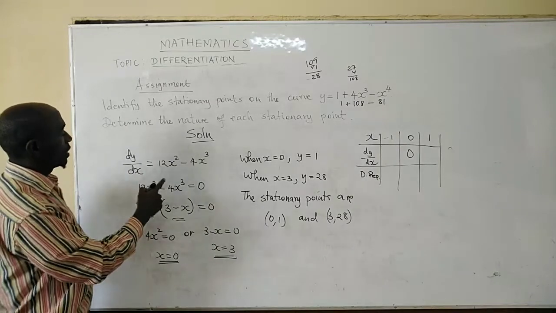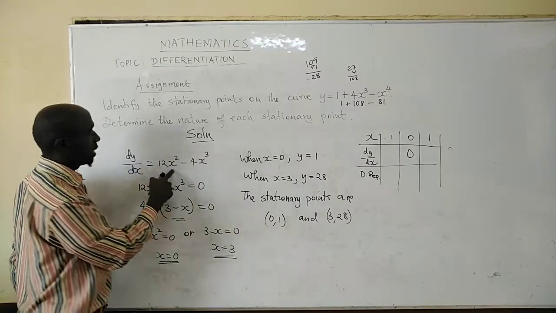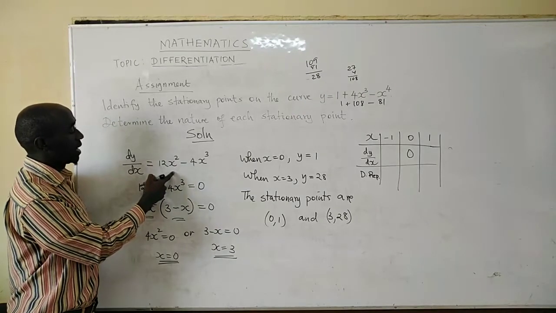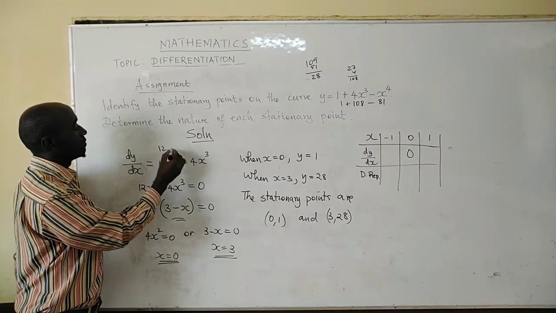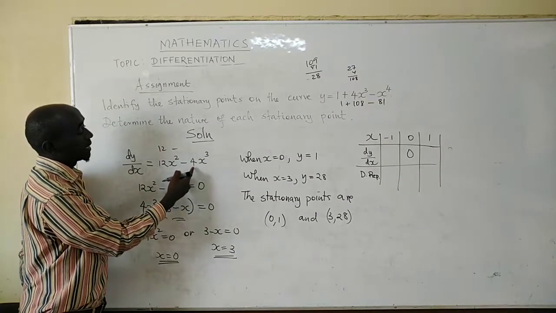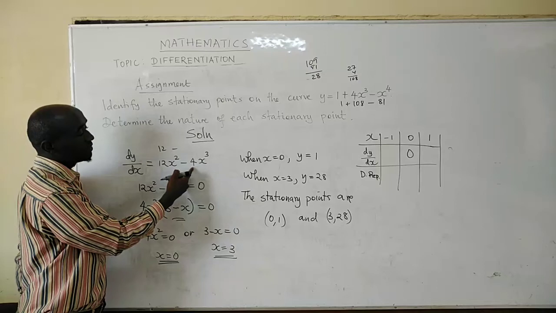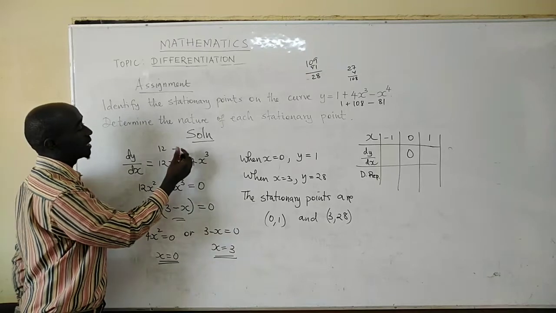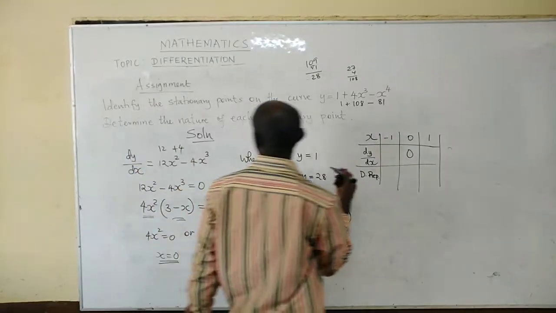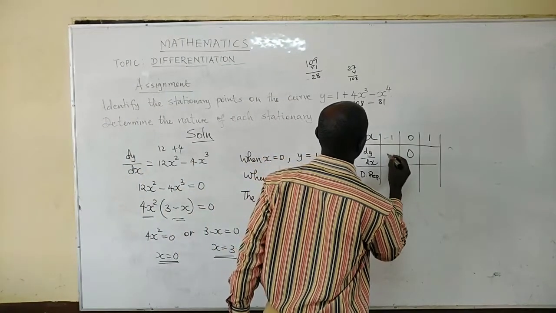So what is the dy dx when x is negative 1? Put negative 1 here. Negative 1 squared is positive 1 times 12, that is 12, minus negative 1 cubed is negative 1 times 4, is negative 4. So minus negative 4 will be plus 4. So 12 plus 4 is 16.